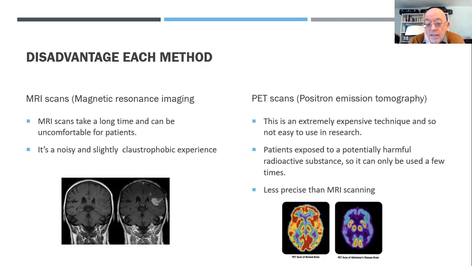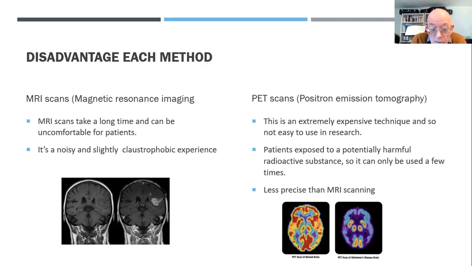PET scans, on the other hand, one of the key issues about them is that they're incredibly expensive to run when you're thinking about buying the radioactive glucose and all that kind of stuff. And so it's not easy for psychologists to use in research because it's quite expensive to get hold of. You're exposing patients to a potentially harmful radioactive substance, so you can only use it a few times, really, otherwise it would start to become dangerous.